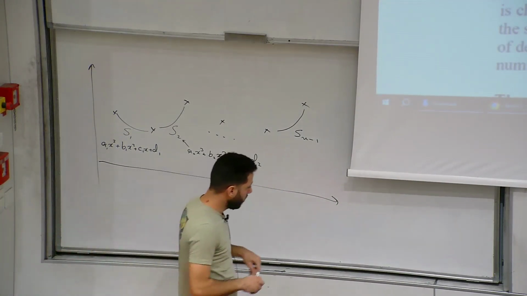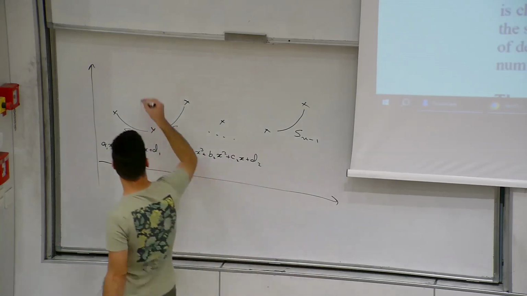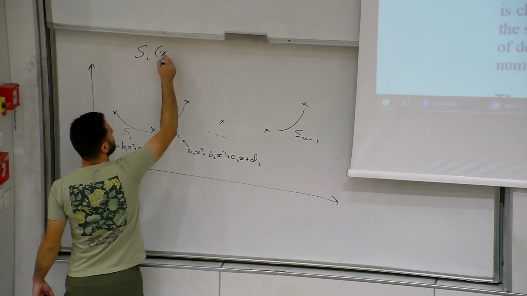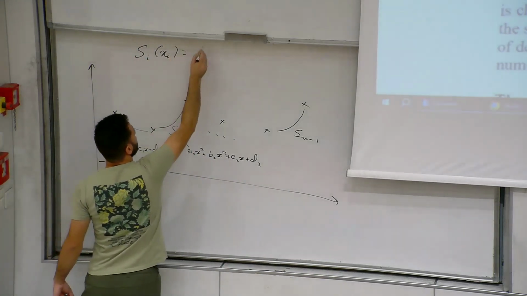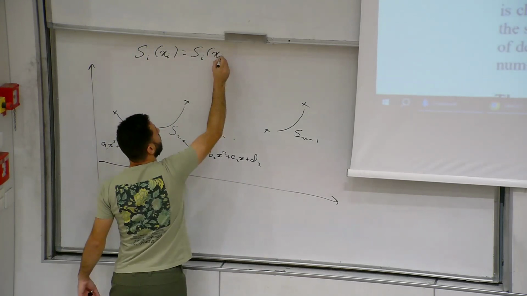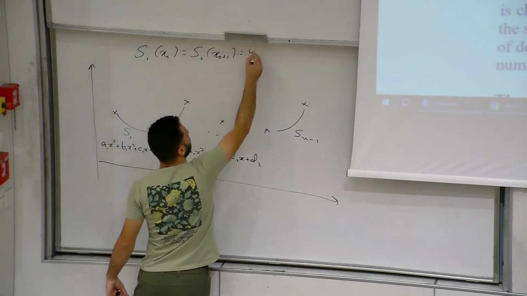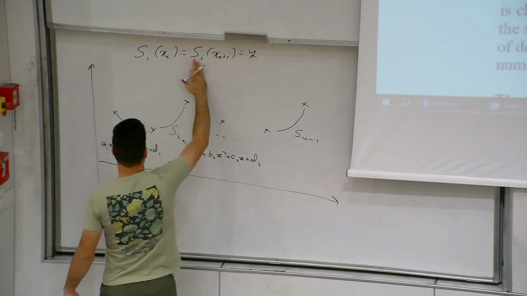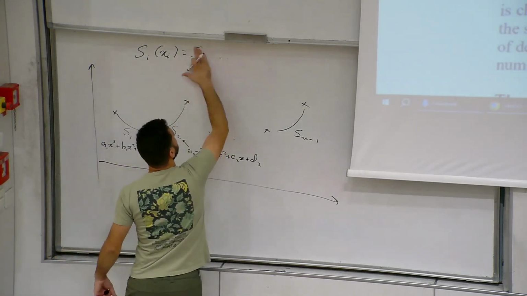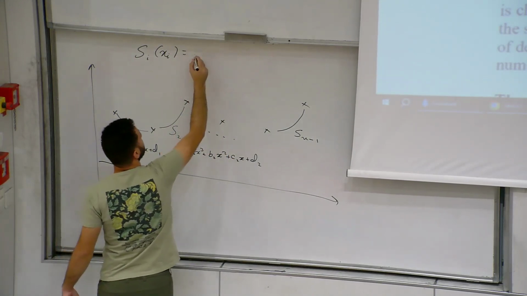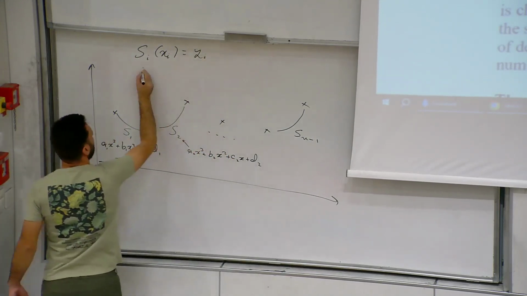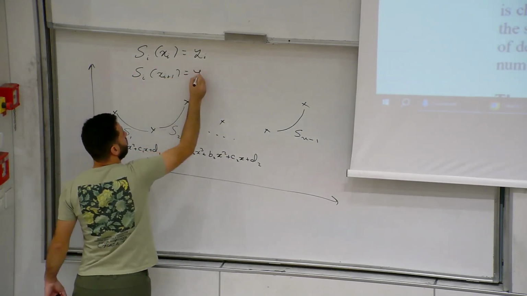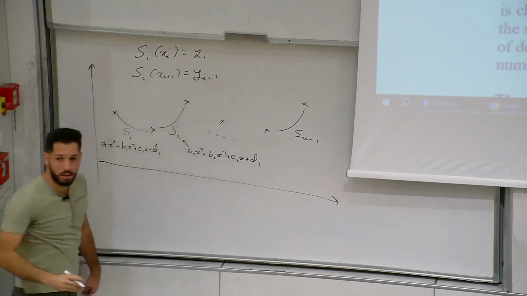So we will choose for every Si, at xi to be yi, and we want Si at xi plus 1 to be yi plus 1.